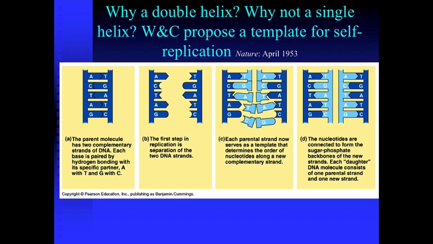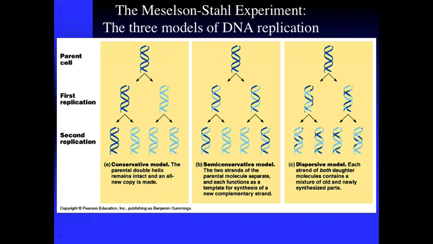In that way, you always preserve the coding strand, or the coding information. You don't get an inverse of it one time and the coding strand the next. So where we left off last time was to consider their proposed semi-conservative model for replication, with the other 2 options.